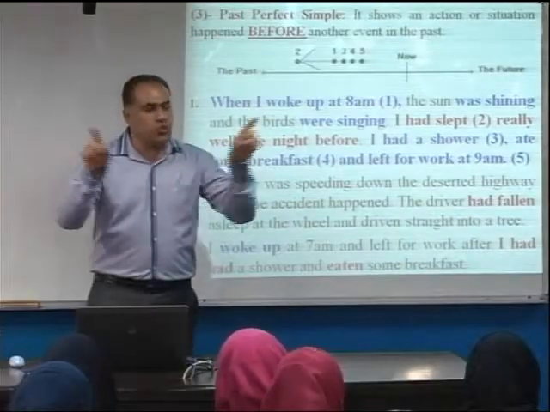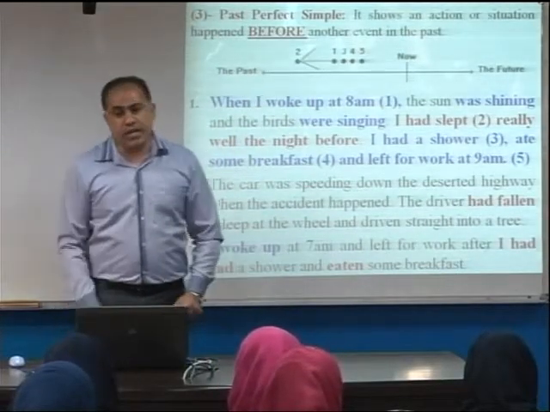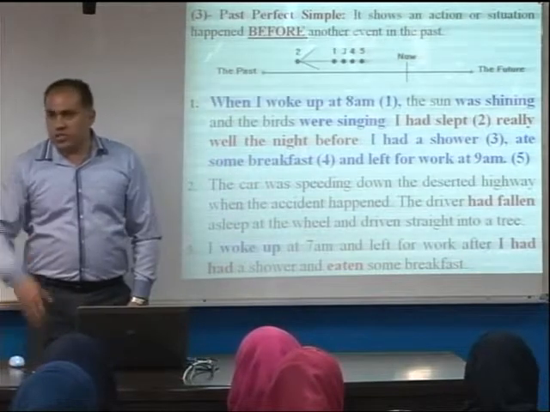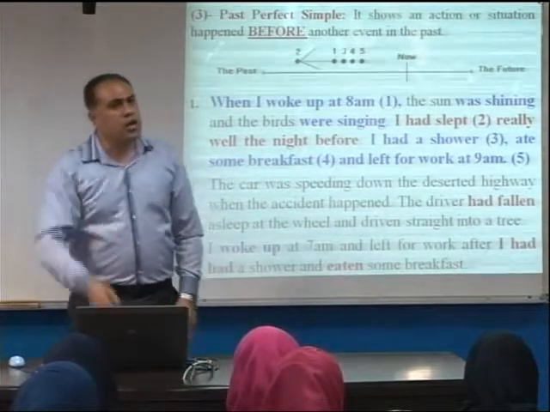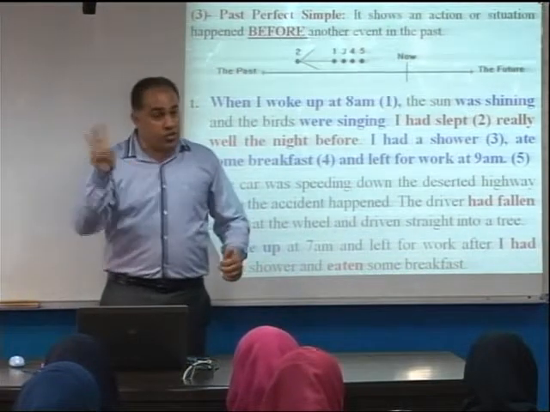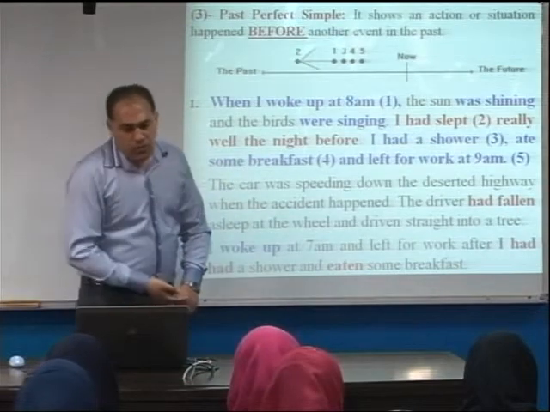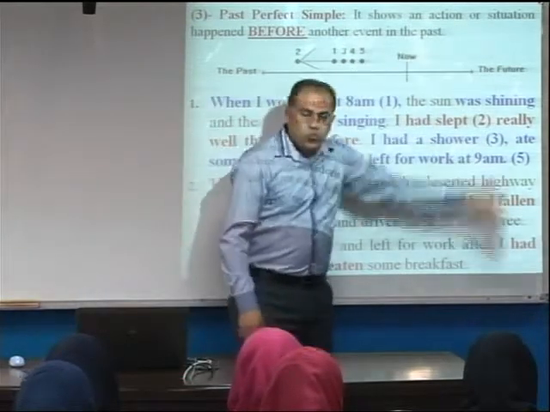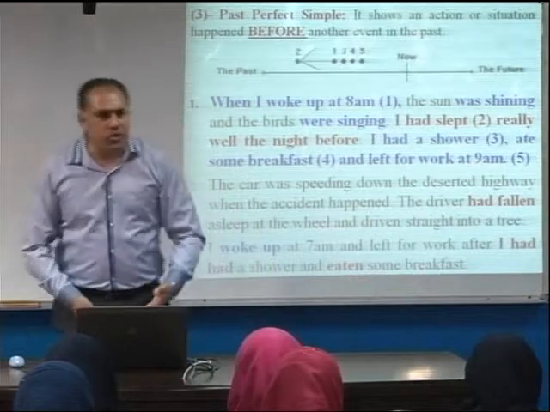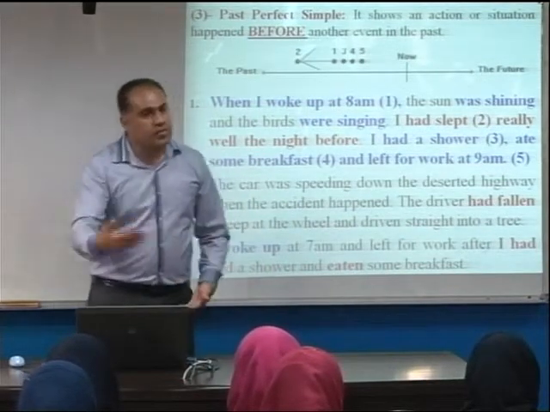So when we're talking about two events in the past, the earlier of the two is in the past perfect, which is had plus the past participle. It shows an action or a situation that happened before another event in the past.